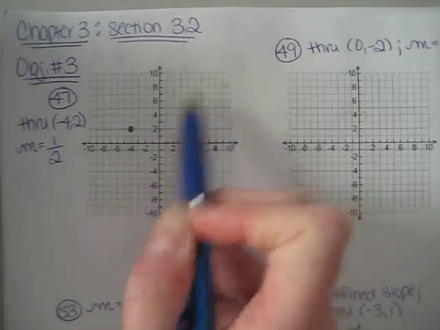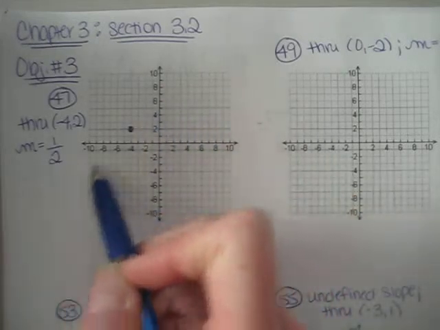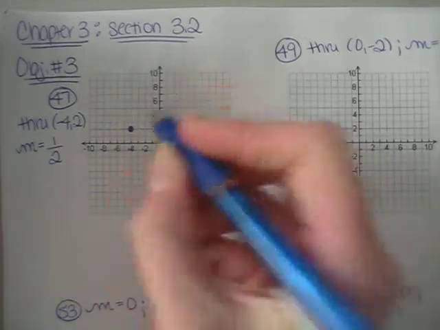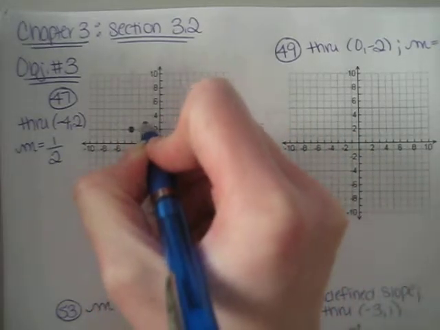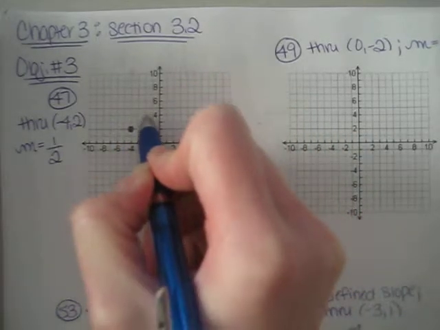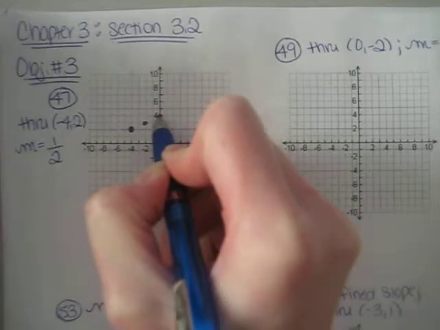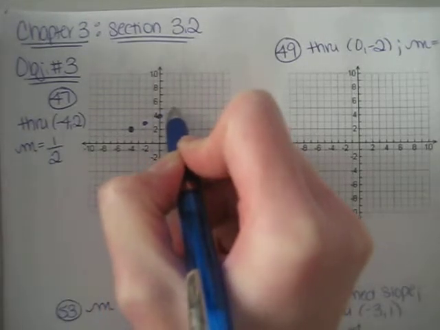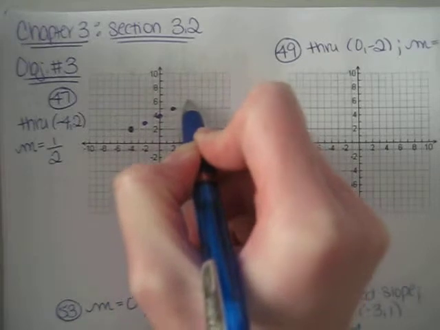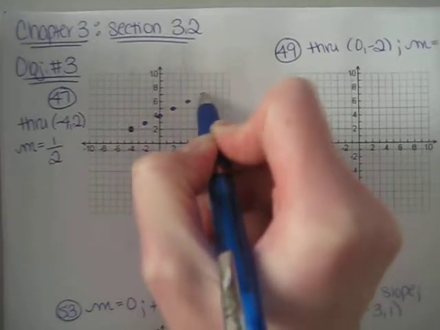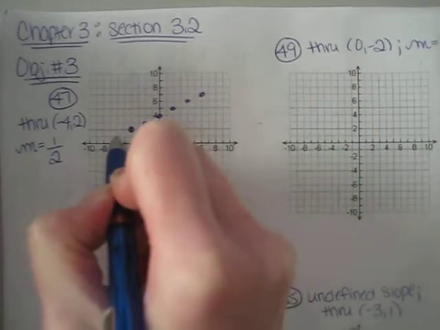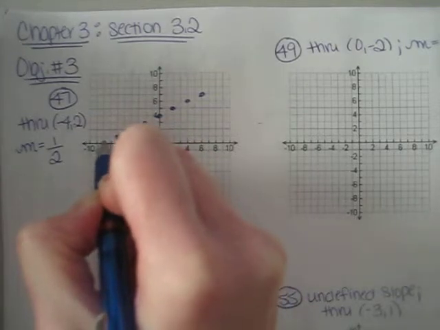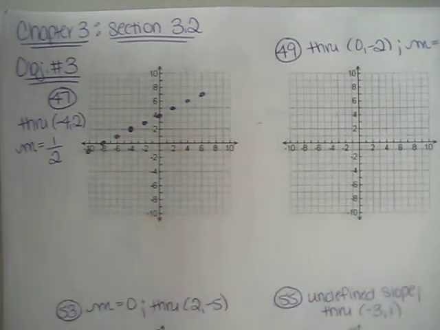You want to keep going till you fill in as much as you can of the graph, so enough coordinate points for you to connect the line. So up 1 over 2, and continue that. And then I'm going to go down in the opposite direction also, just so I have as many points as I can.